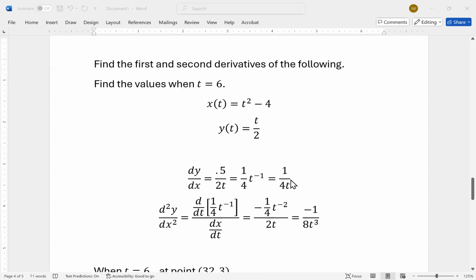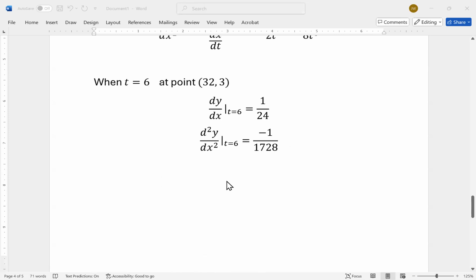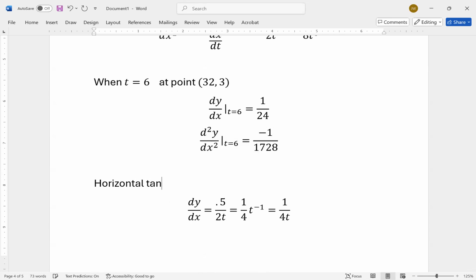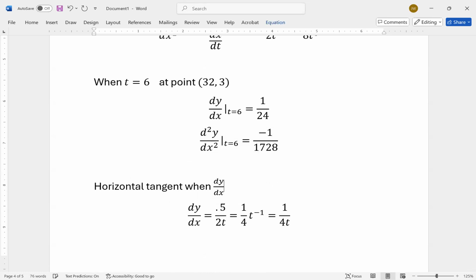Now, we've already found the first derivative. It is 1 over 4t, where 4t is the denominator. So if I want a horizontal tangent, that happens when the derivative is 0.